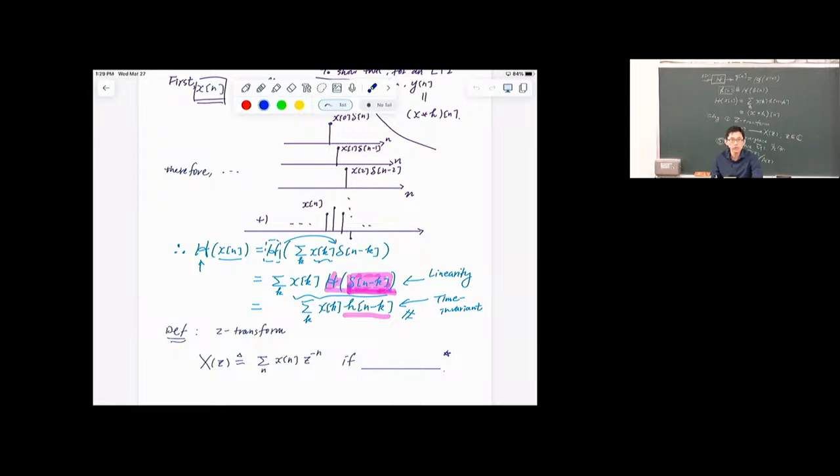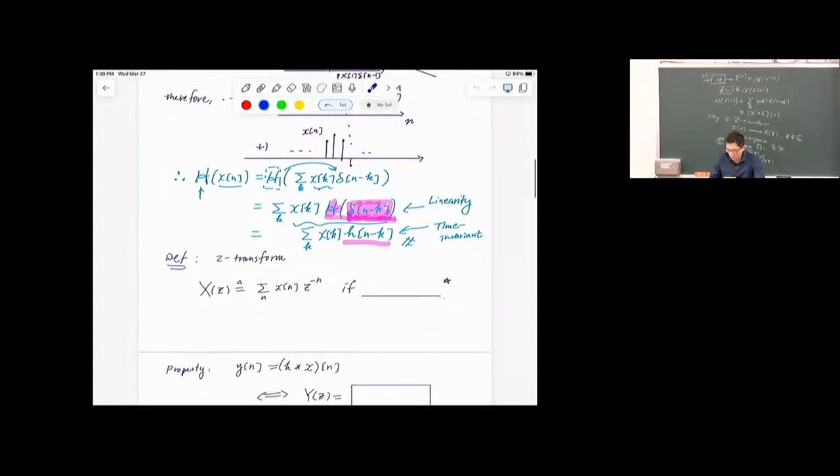So all you need is the impulse response. The textbook says the impulse response completely characterizes the system. In this case, complete characterization, because now we can calculate the output signal for any arbitrary input, simply by convolving our input with the impulse response. So far, so good? Okay. That's what we had last time.